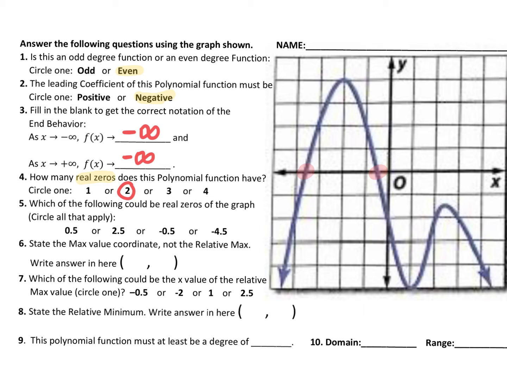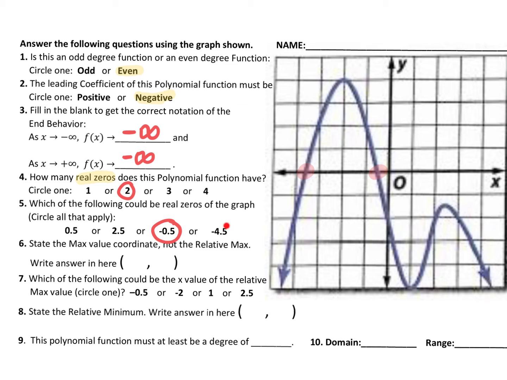Okay. Next question is about those real zeros. Which of the following could be real zeros of the graph? Circle all that apply. Could it be 0.5? Is there an x-intercept right here? No. Okay. 2.5? Nope. All right. Negative 0.5, yeah, for sure. That one's good, so let's circle that one.